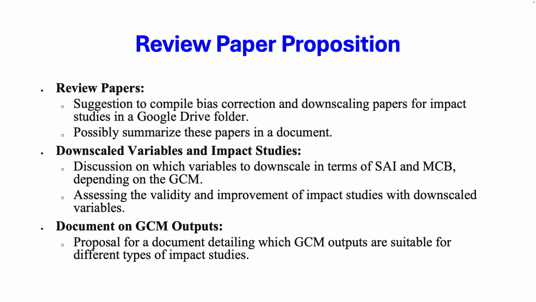This is the technique that they have to use, as data sets that are available by different types of region, at least as a start point for impact modeling study and geoengineering. And then the proposal that we can detail which GCM outputs are suitable for different types of impact studies at regional level, and then maybe some variables that can be useful. Thank you. Maybe people from the group, if anybody wants to say anything that I've missed out. Thank you, Tammy.